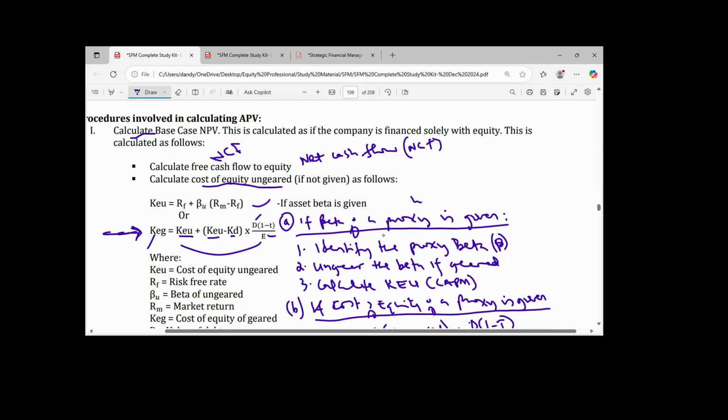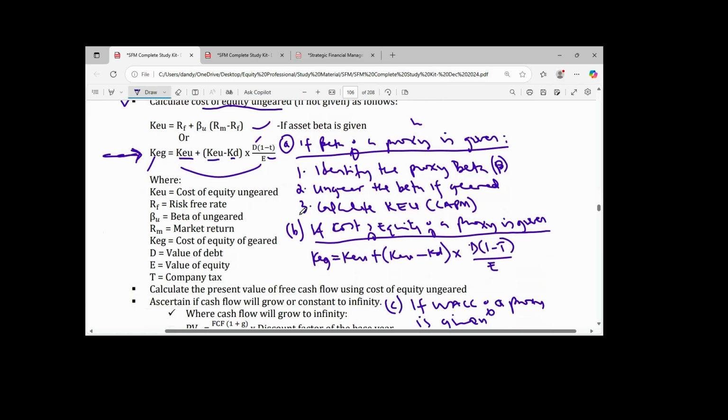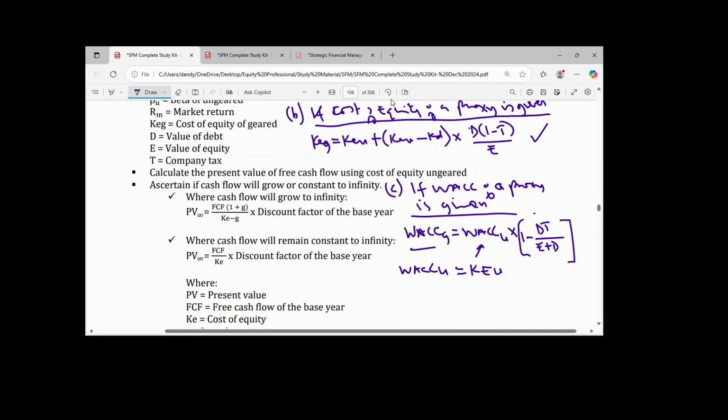The second procedure is to calculate cost of equity ungeared, which depends on the information of a proxy company given to you. If you are given beta of a proxy company, follow these procedures. If you are given cost of equity of a proxy company, this is the formula you use. If you are given WACC of a proxy company, this is the formula you use.